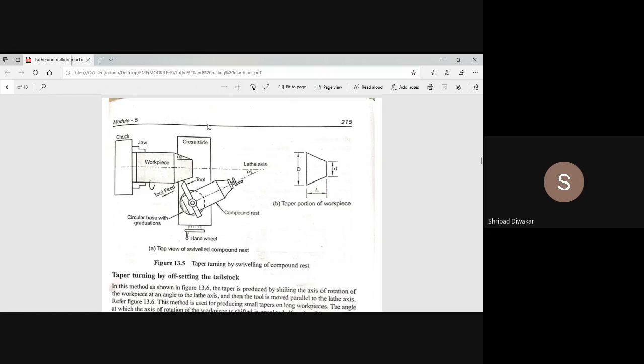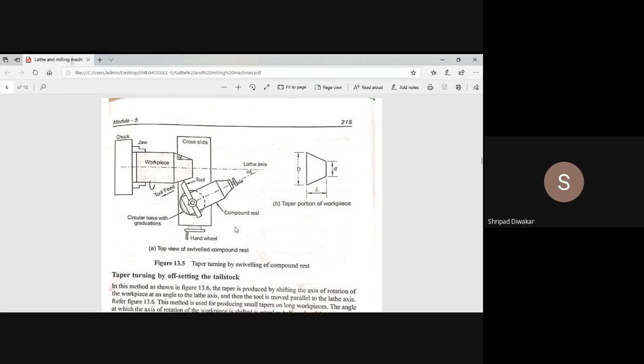Okay, so we have to draw this diagram. First is the check workpiece. Then you have to show the alpha, this alpha and this alpha the same. That is called the half taper angle. That is calculated by tan inverse of (D minus d) divided by 2 LT. Capital D is the bigger diameter, small d is the small diameter, and LT is the length of the taper.